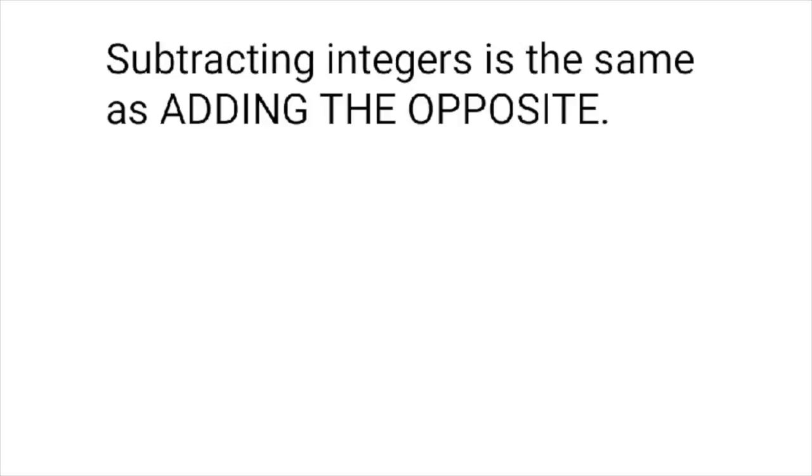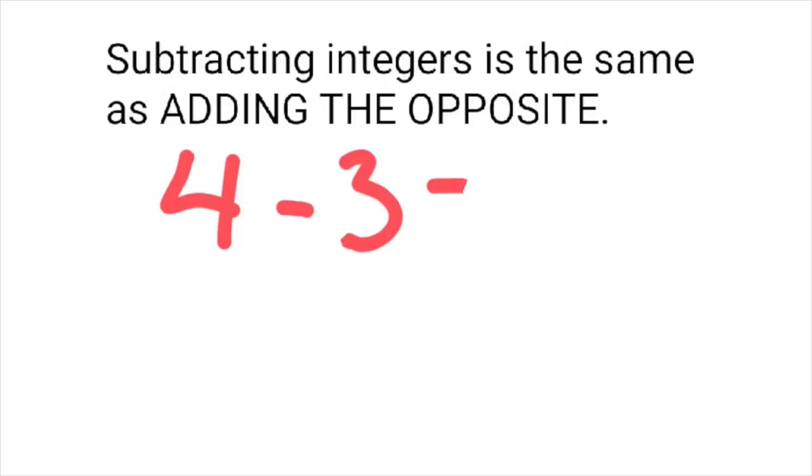Now, subtracting integers is really easy if you know how to add integers, because subtracting integers is the same as adding the opposite. So we can turn all our subtraction problems into addition problems. For example, 4 minus 3 is obviously 1, and that's the same as 4 plus negative 3.